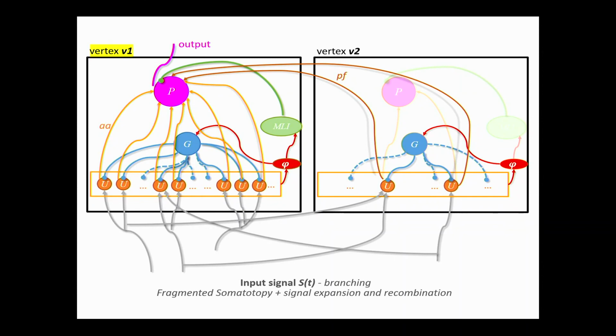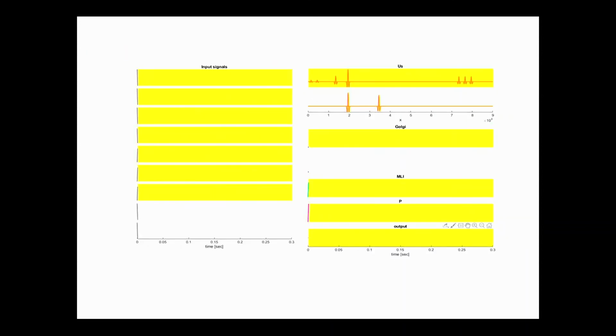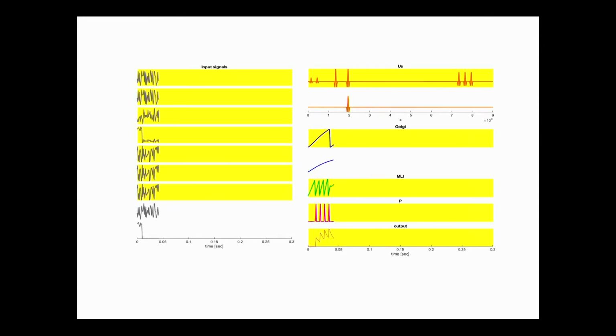So the idea is to have multiple vertices. The parallel fibers have specific weights from one vertex to another, keeping, of course, a geometrical mapping of these fibers, so creating extension and direction of this multiple vertex connection. This is just an example of some input signal provided to multiple vertices.